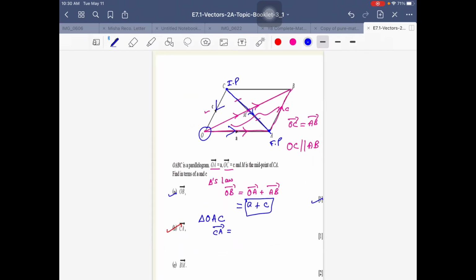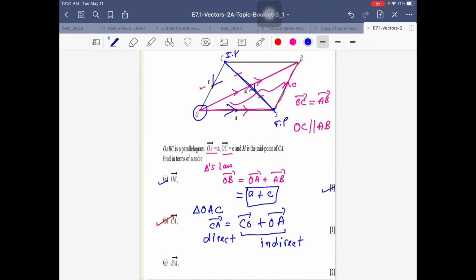So CA vector is equal to CO vector plus OA vector. CA vector is the direct route from C to A, and CO plus OA is the indirect route from C to A passing through point O.